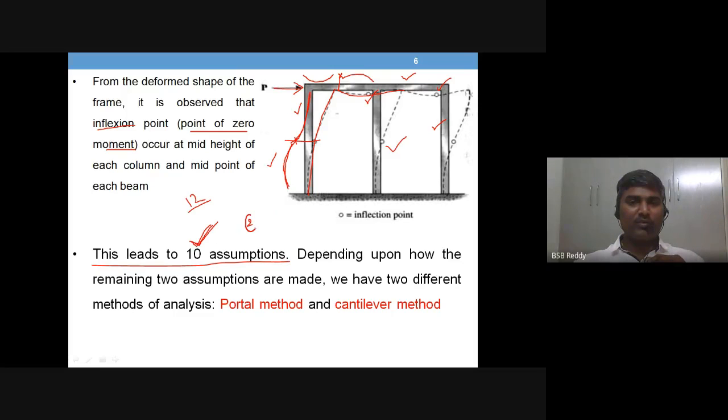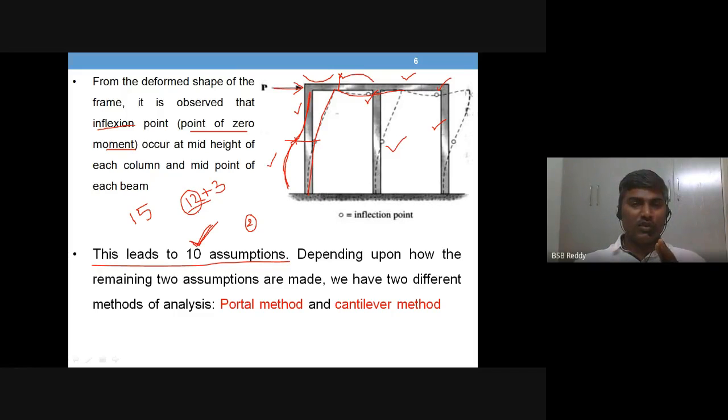If you can make two more equations, then your structure is very simple to solve. Total unknowns in the structure are 15, with 3 equilibrium equations available, 12 excess.